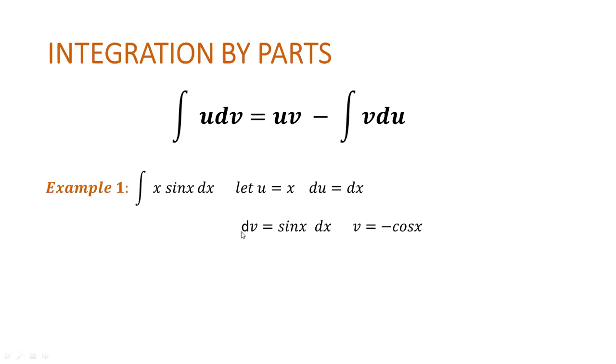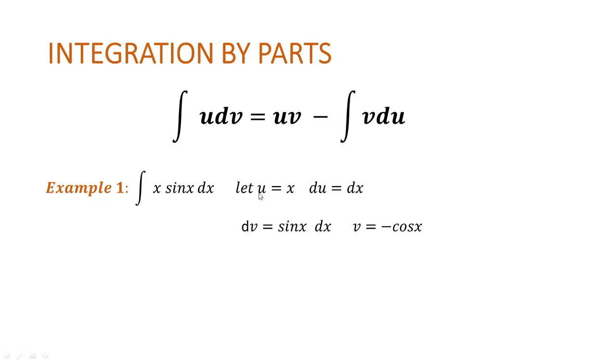That way, you can choose a u, get its derivative, which would be your du, and the remaining expression would be the dv, which you integrate. Of these four, what you actually choose is only the u and the dv.